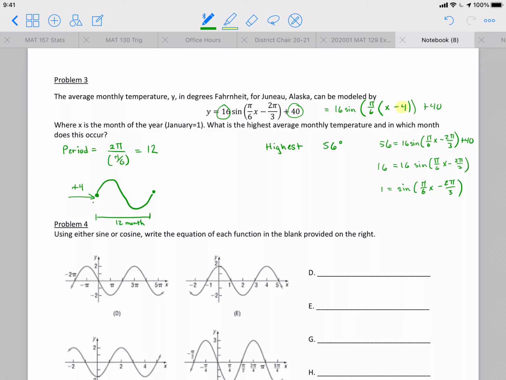So this is April. And you know the peak is a fourth of the way through a period. What's a fourth of 12 months? That's 3 months. So 1, 2, 3 more months is when you're going to hit that peak. April, so May, June, July. So in the month of July.